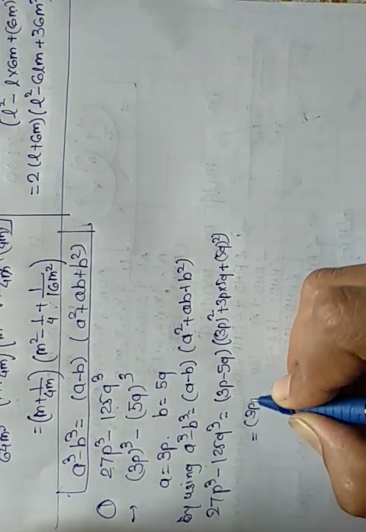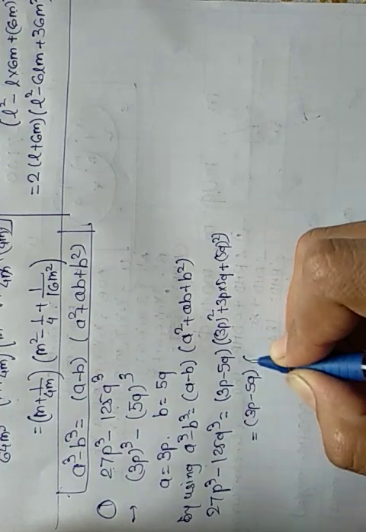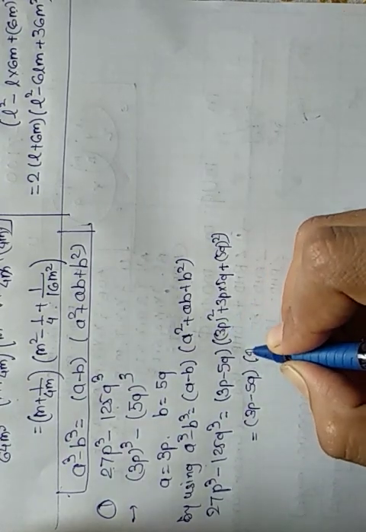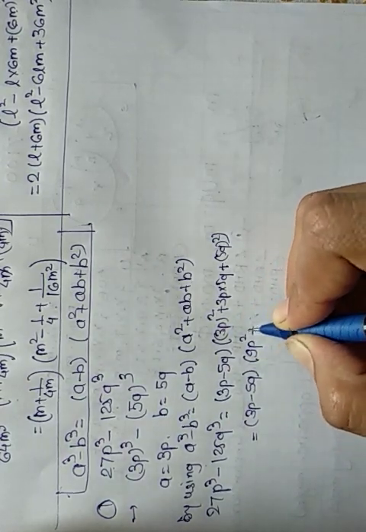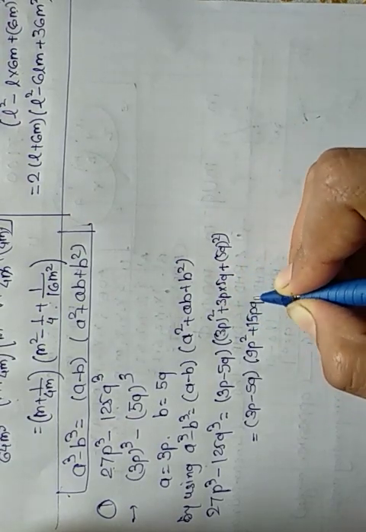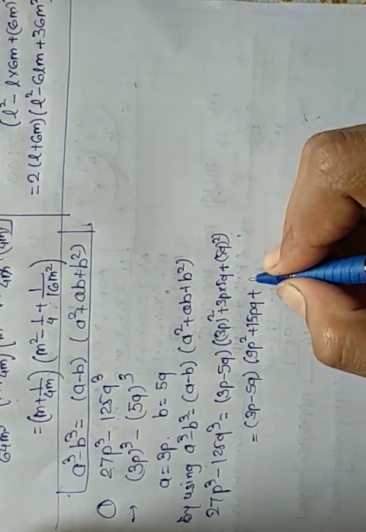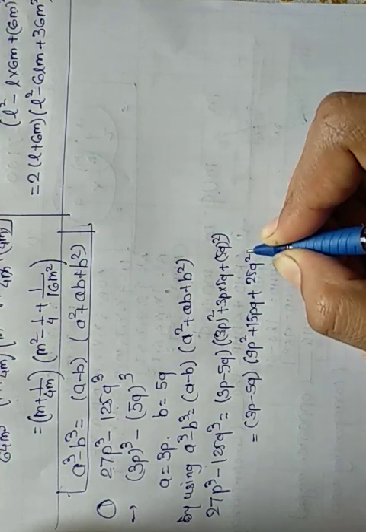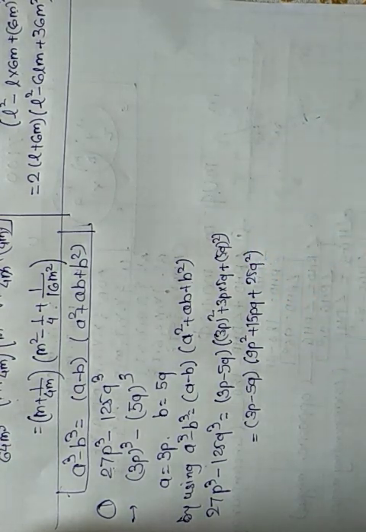So (3p minus 5q) and here the square of 3p is 9p square, plus 5 times 3 is 15pq, plus the square of 5q, that is 25q square. This is the answer.